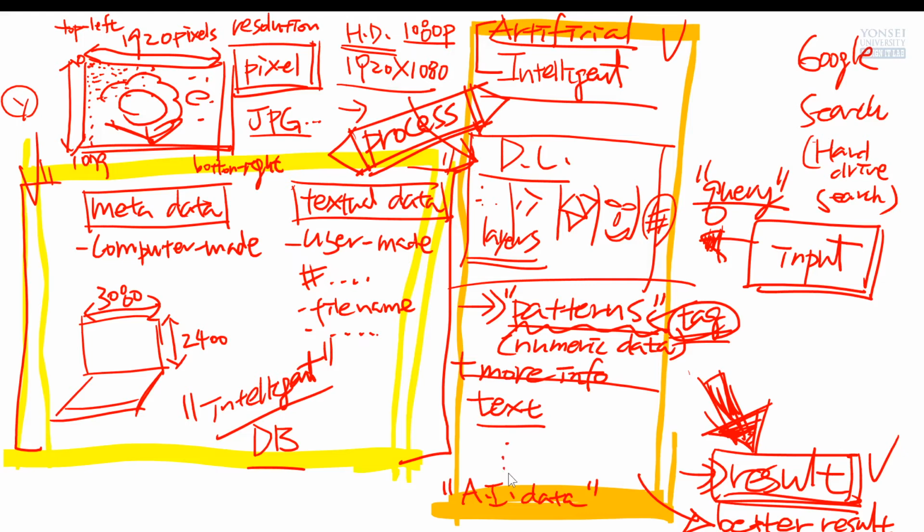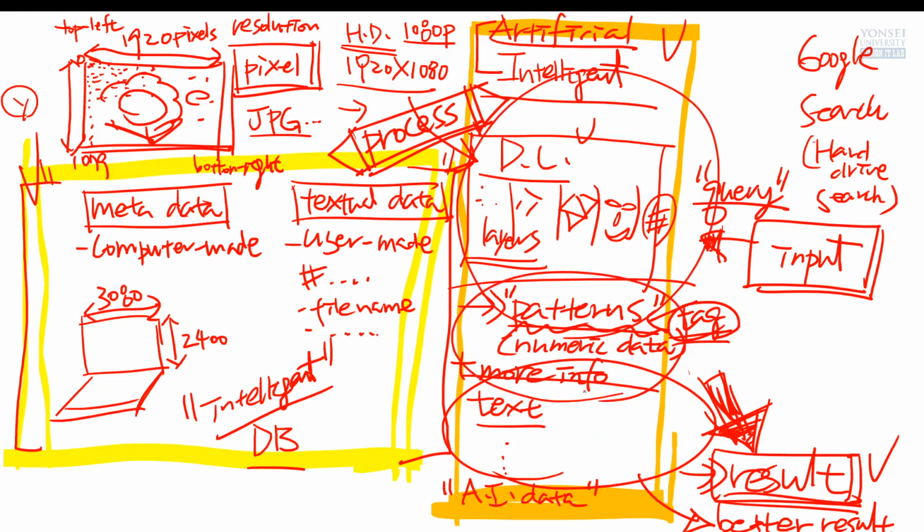So anyway, technically we are using this textual data, not the image data directly. The user input is going to use this textual data, and the result is going to be from this textual data.